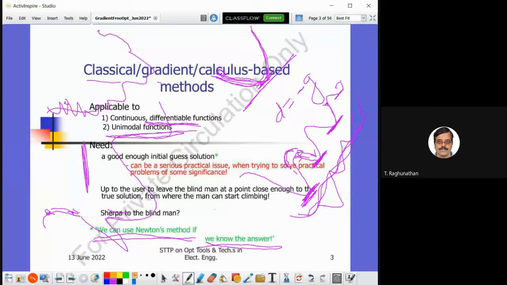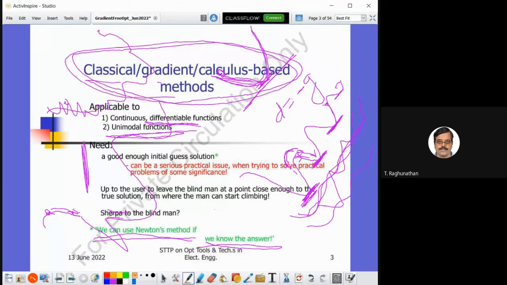So the summary of what I'm telling you is, these are not always the best methods for all problems, especially if the function is multimodal, not differentiable, or has discontinuities. If all that is there, these methods don't work like we would want them to work.